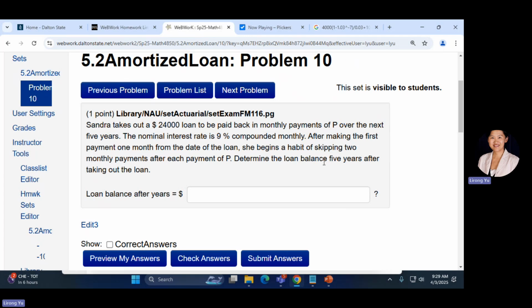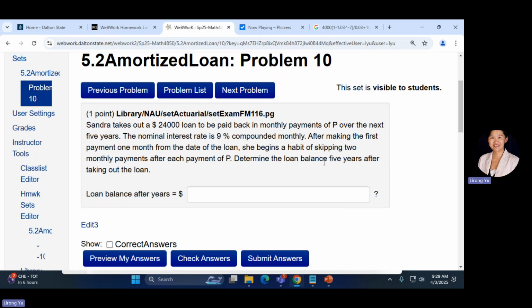So if we were supposed to calculate it, we first have to calculate the payment amount P. She's still following the same payment amount, but she had fewer payments throughout the years. So we would calculate the payment number, because we need to calculate how many payments she did make if she's skipping. Find out the pattern in the payment time and also the actual payment amount.